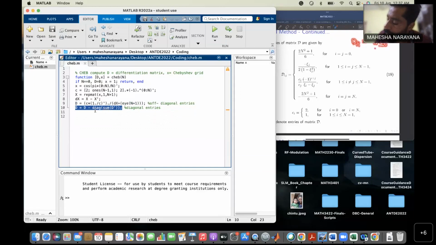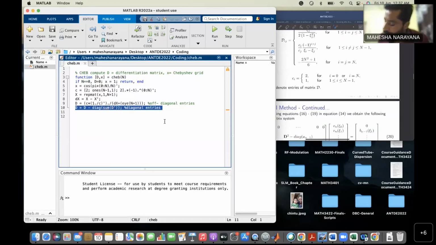All the off diagonal entries, you just add them, and your diagonal entry will be the negative of that. So that particular relation is used in writing the diagonal entries. All right. So that is done. So let's now continue and see what are the things that we want.